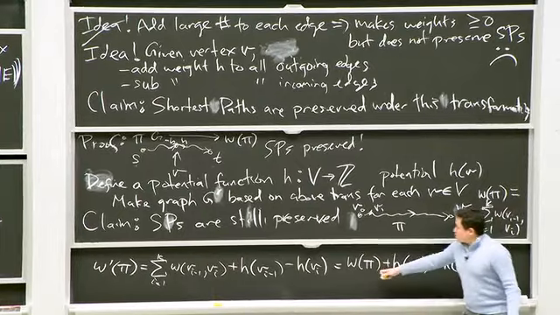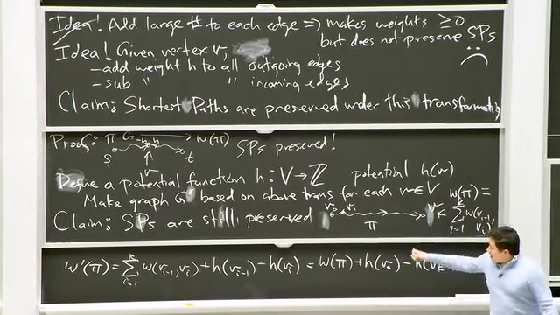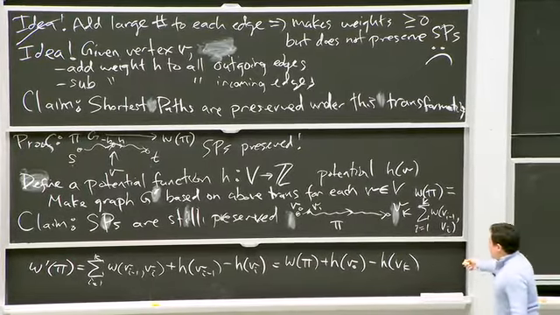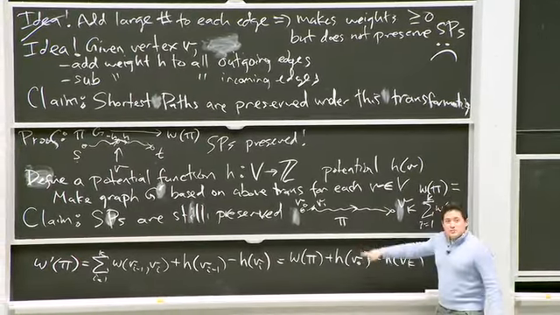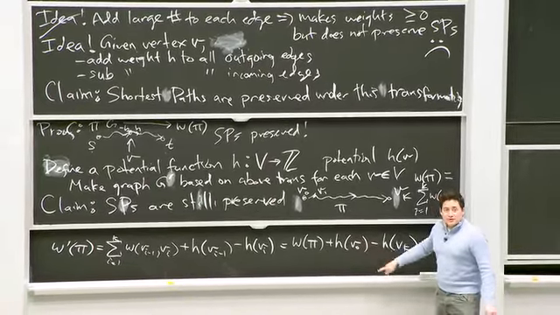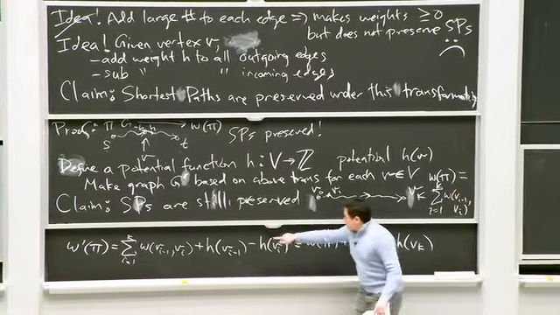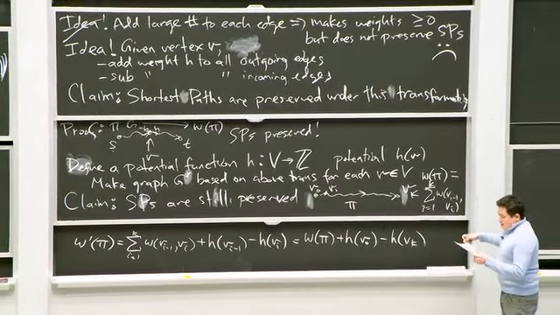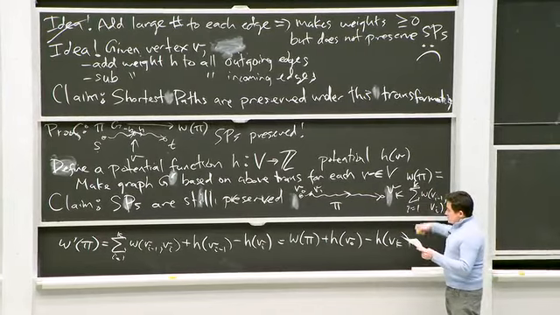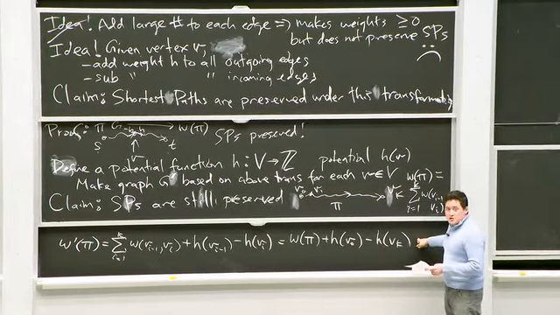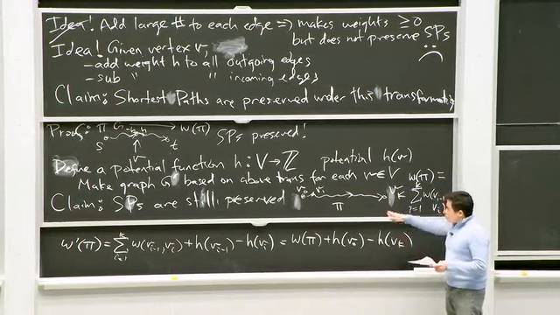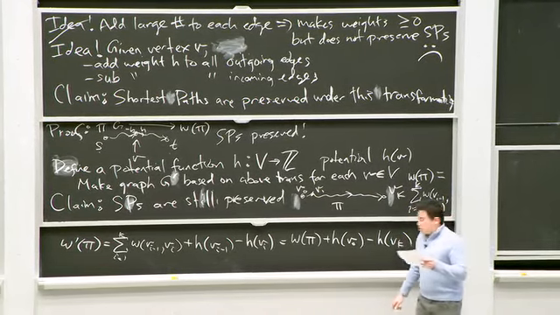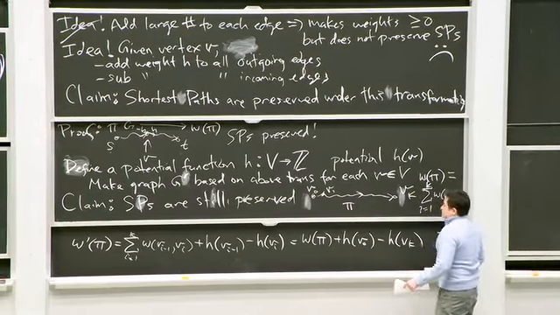And so if this path pi was shortest, it's still shortest in the reweighted graph because I've just changed all paths between those two vertices by the same amount. This is kind of like a telescoping argument here in that kind of proof. Right, so the weight could change, but it changes all paths between these two vertices by the same amount, which means that shortest paths are still shortest. Awesome.